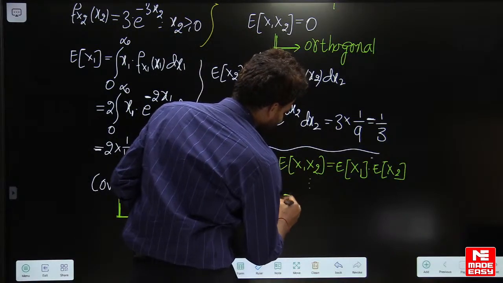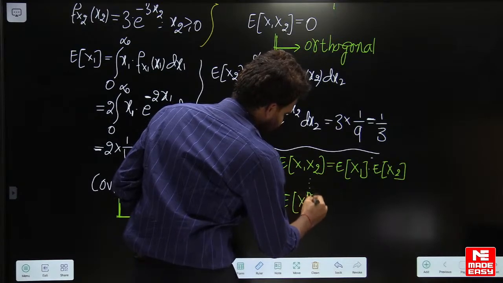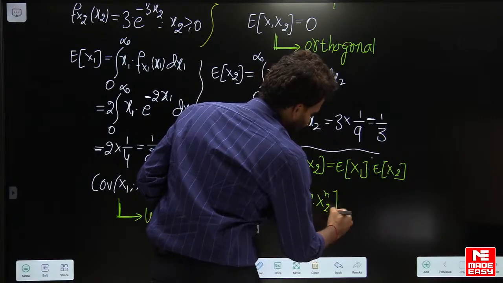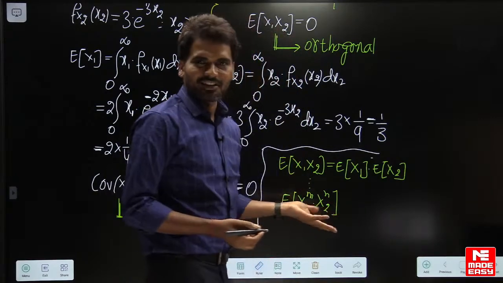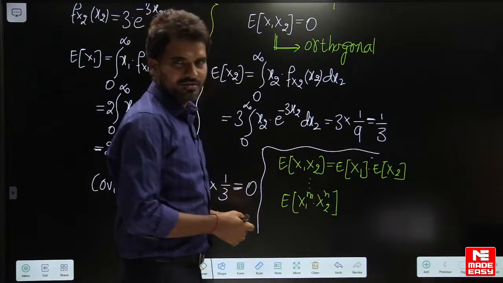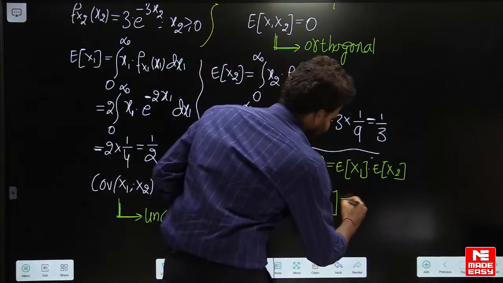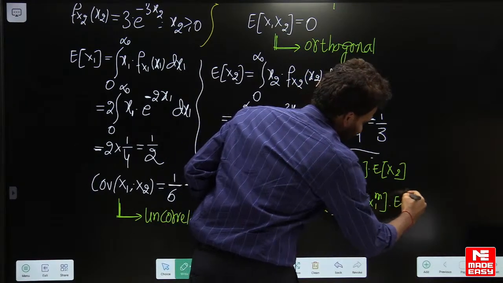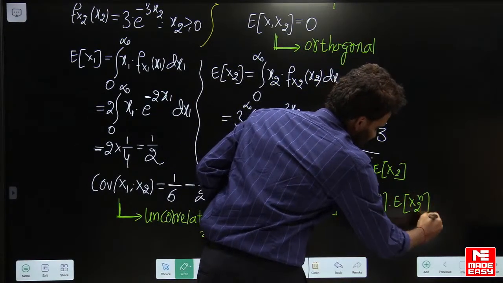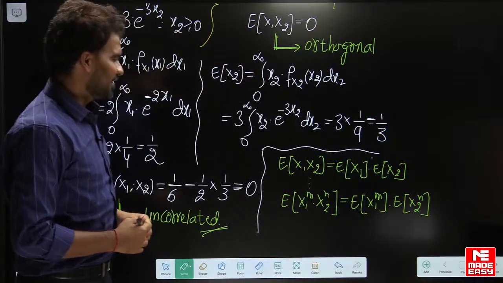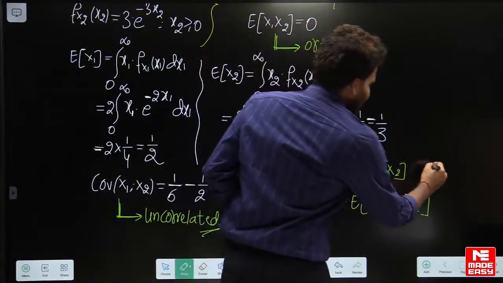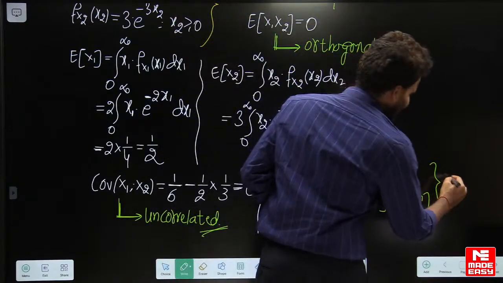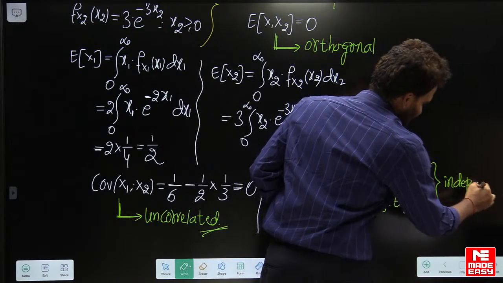That is, expectation of x1 power m, x2 power n, where m and n can be any positive integers, is equal to expectation of x1 power m into expectation of x2 power n. If the equality holds good for every one of these possible orders, then you can say x1, x2 will be independent.